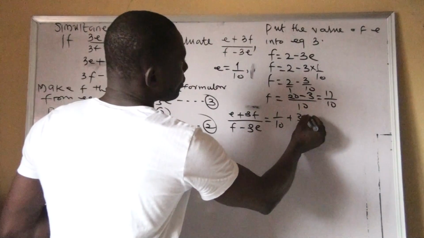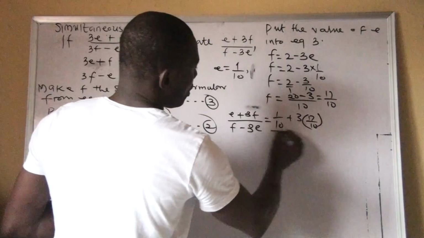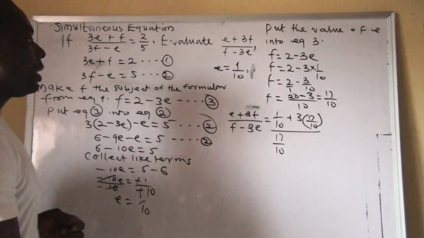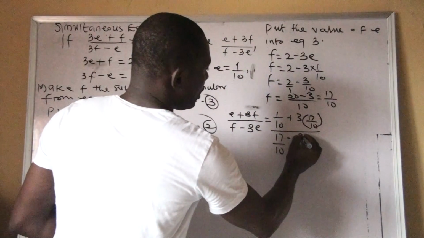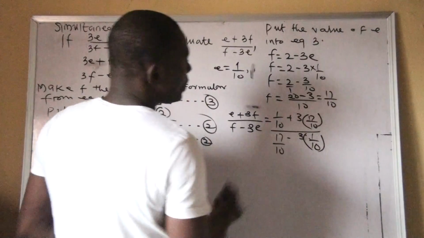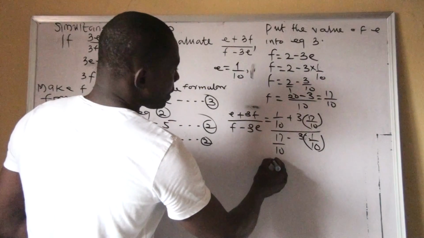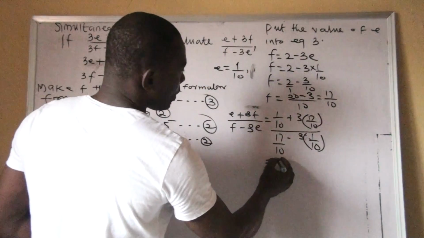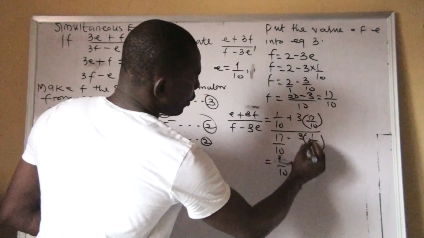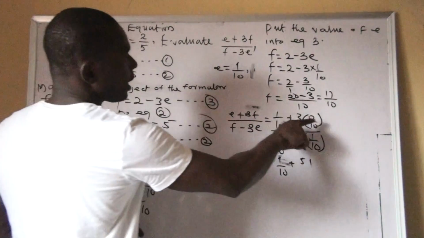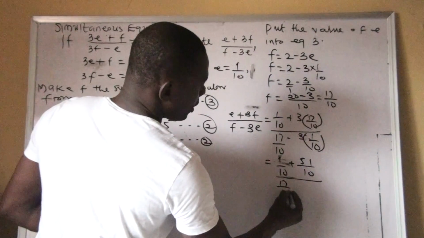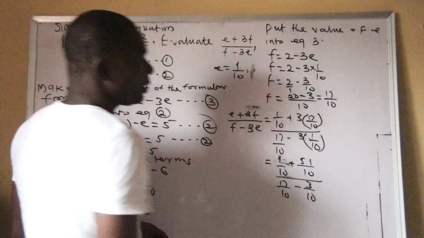F is 17 over 10, all over f, which is 17 over 10, minus 3e, minus 3 times 1 over 10. So if we evaluate it, this becomes 1 over 10 plus 51, 3 times 17 is 51, over 10, all over 17 over 10 minus 3 over 10.